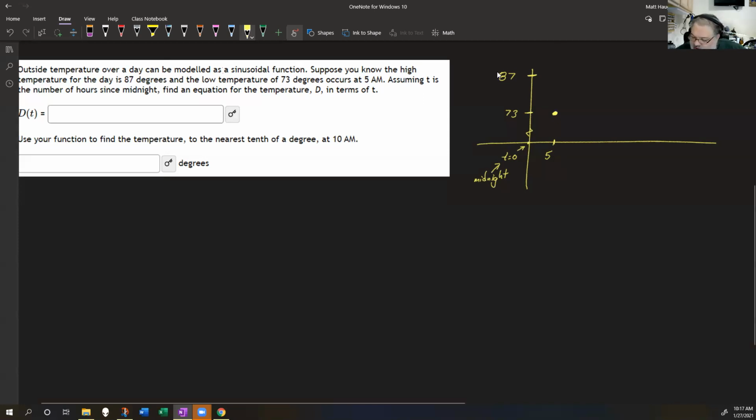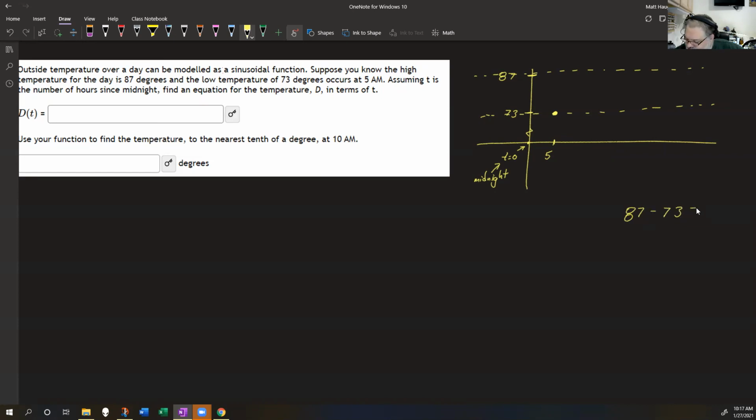Well, we should be able to figure out what our amplitude is because we know the low and high, right? So the low to high, the variance here, that's 87 minus 73. What's 87 minus 73?